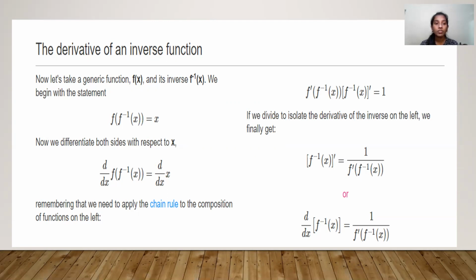Applying the chain rule to the composite function on the left, we get f dash of f inverse of x into the derivative of f inverse of x, which is equal to d by dx of x, which is 1. Solving that equation, we get the derivative of f inverse of x is equal to 1 by f dash of f inverse of x.